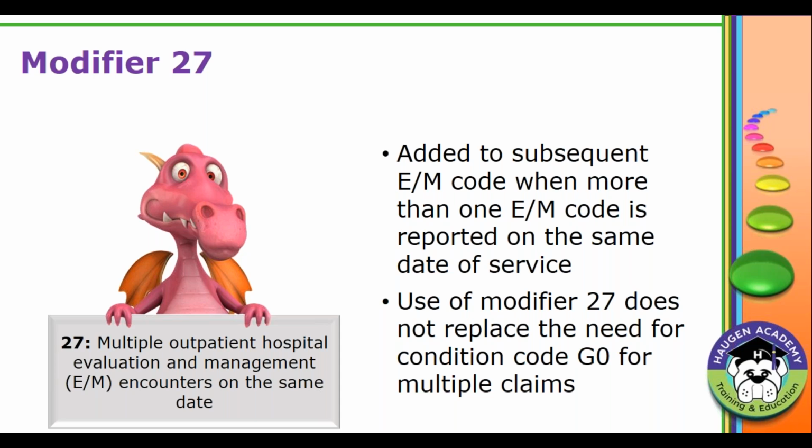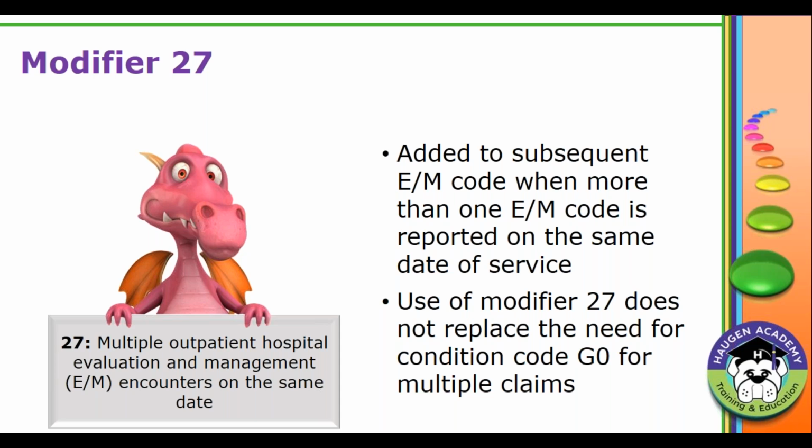And it gets kind of complicated when you get into, I've got a note here about it does not replace the need for condition codes G0. And if you read that and you wonder, well, what does that mean? What is condition code G0? This is the kind of thing that you go back to the Medicare Claims Processing Manual and it will tell you how you need to report these.